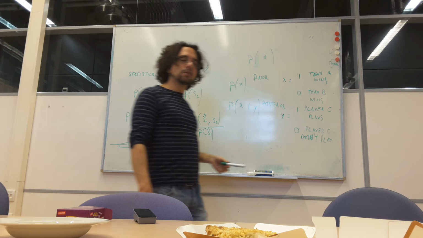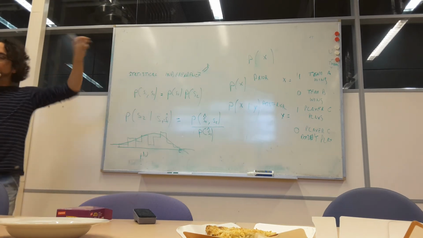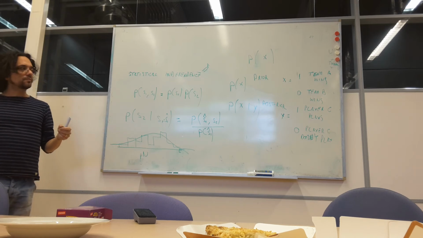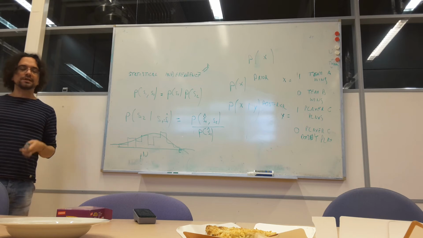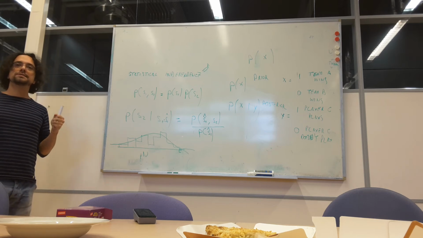And the Bayes rule gives you a way to actually go from one to the other of these objects, and allows you to do things like prediction, decoding, and things that we'll discuss next time.